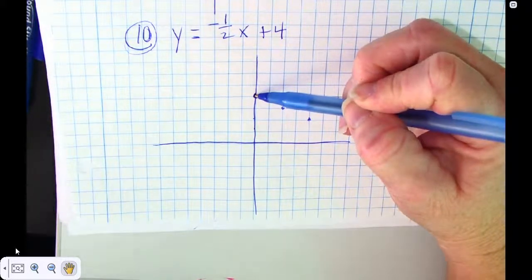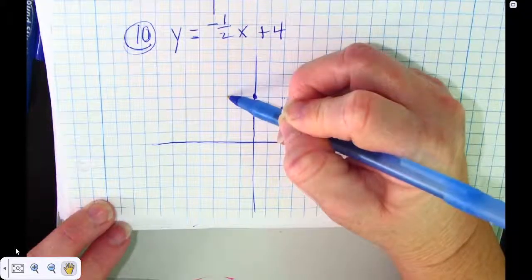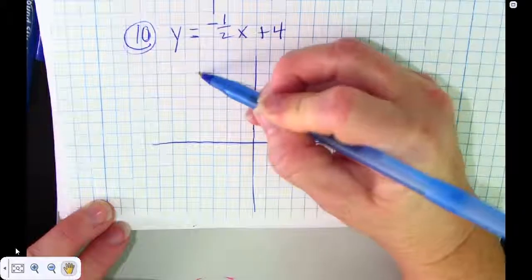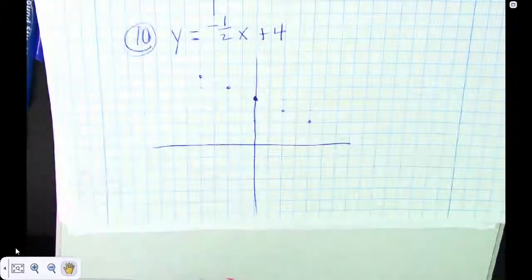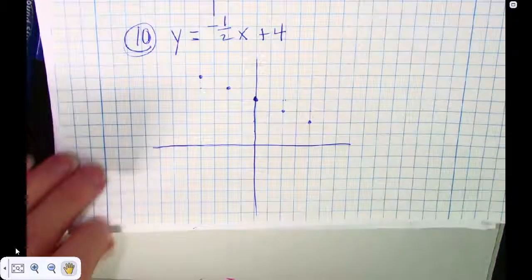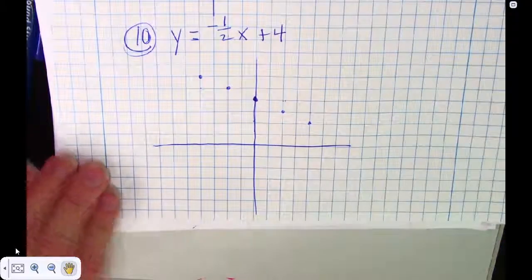I'm going to put the negative on the 2 this time. So I'm going to go left 2, up 1. And look, it makes a straight line. Makes it linear. Are there any questions on this?